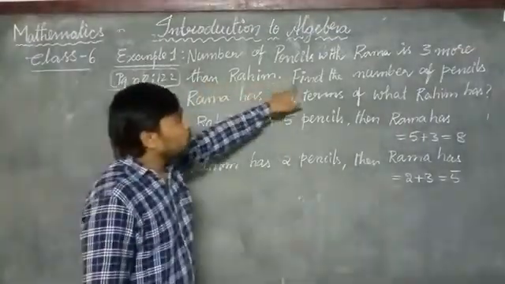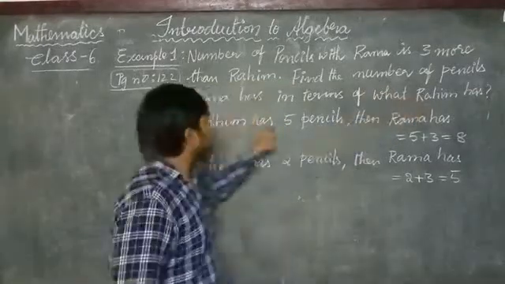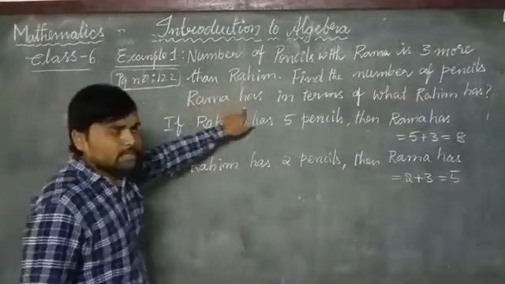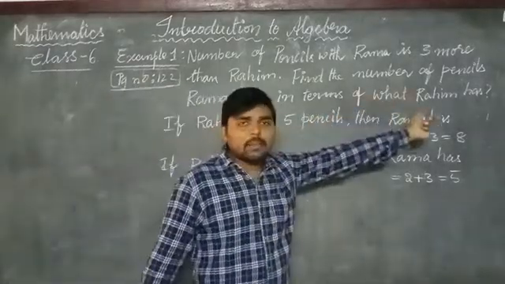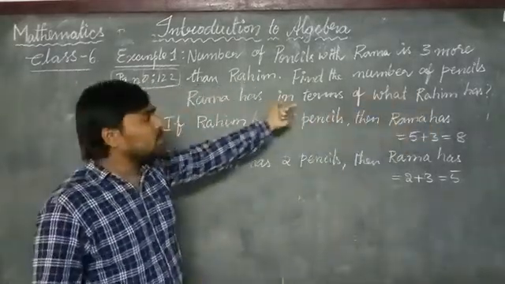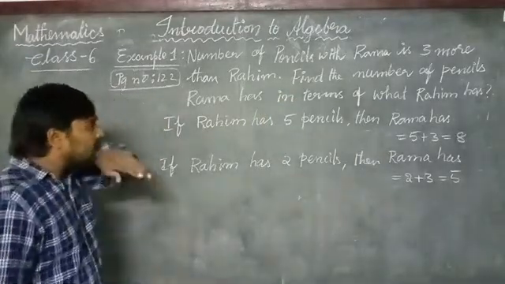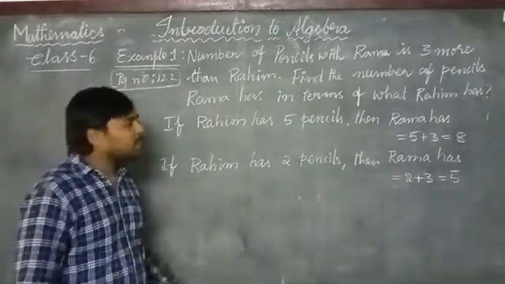But here we must find the number of pencils Rama has in terms of what Rahim has. For this, we should write the algebraic expression.